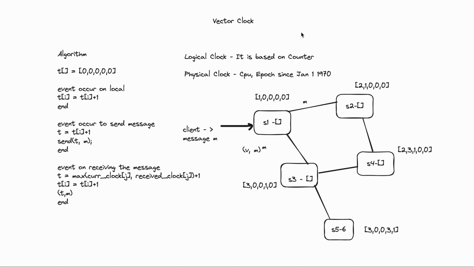A vector clock can say whether whatever happened between the machines for the message is concurrent or causal. Causal means the happened-before relationship is maintained. So these things are causal, these things are causal, but these things are concurrent. We can come to this conclusion by comparing the vector counters. So this is the vector clock.